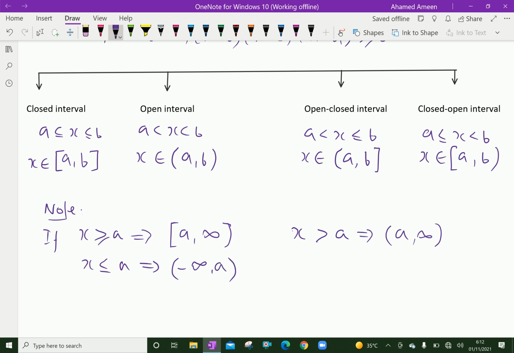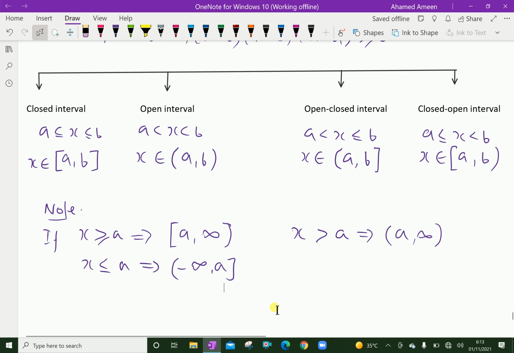That means x can reach from negative infinity to a. Here, on the infinity side, I only have to use a curved, open bracket.